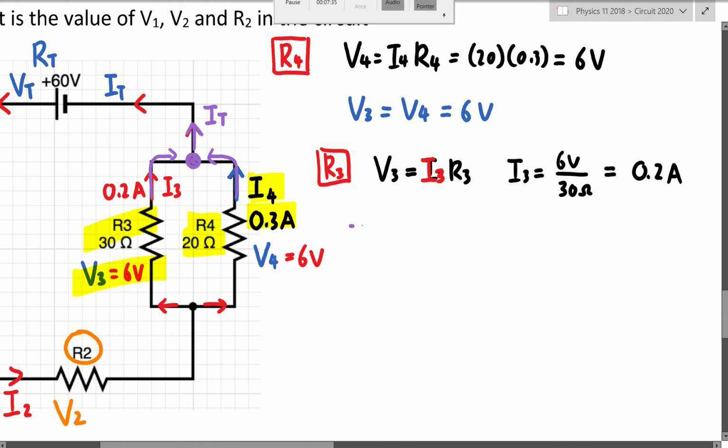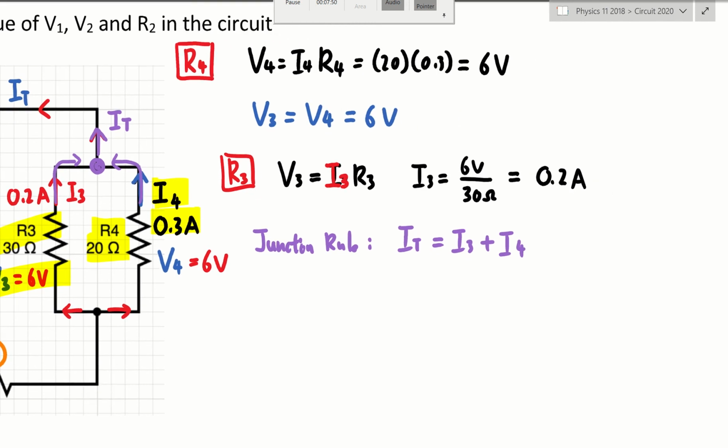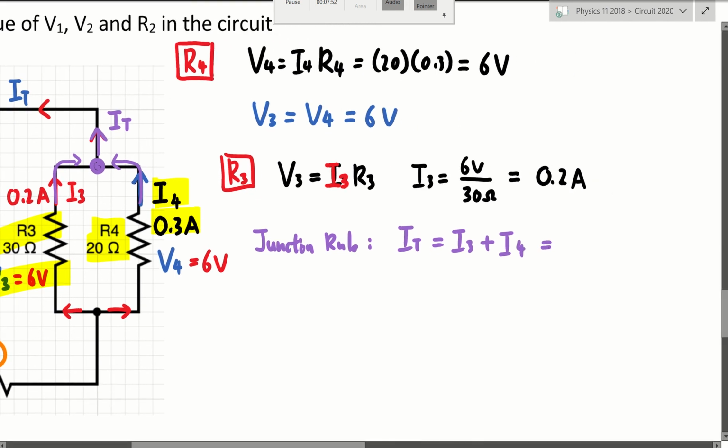So we're going to apply the junction rule right now, which is the current rule. I total must be I3 plus I4. So in this case, I total must be 0.2 plus 0.3, which is 0.5 amp.